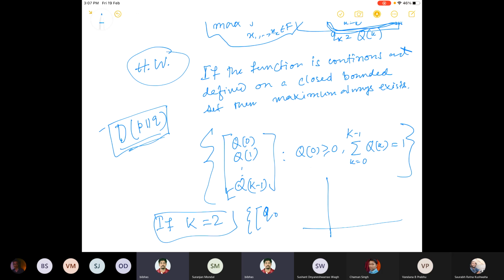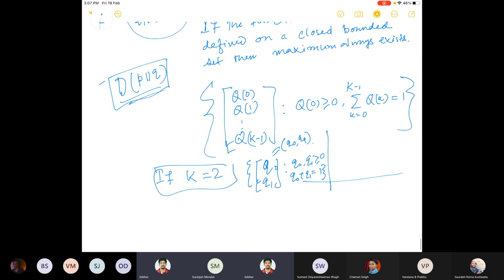You can write small q0 and q1 such that q0, q1 are bigger or equal to 0 and q0 plus q1 is equal to 1. This is the set of pairs q0, q1. What is that set on the plane? The straight line x plus y equals 1 in the first quadrant.